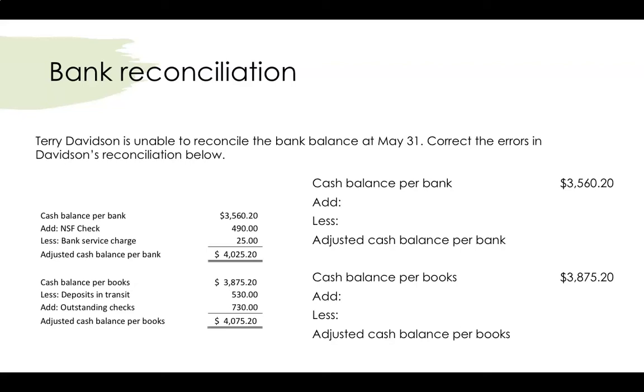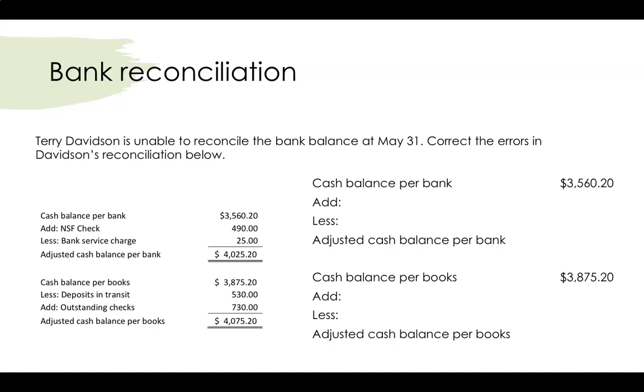When we're working on the per bank side, we need to think, what wouldn't the bank know about? If it would increase our balance, we put it under the add section. If it would decrease our balance, we put it under the less section. Then we'll follow the same steps on the per books side and figure out what wouldn't the company know about.